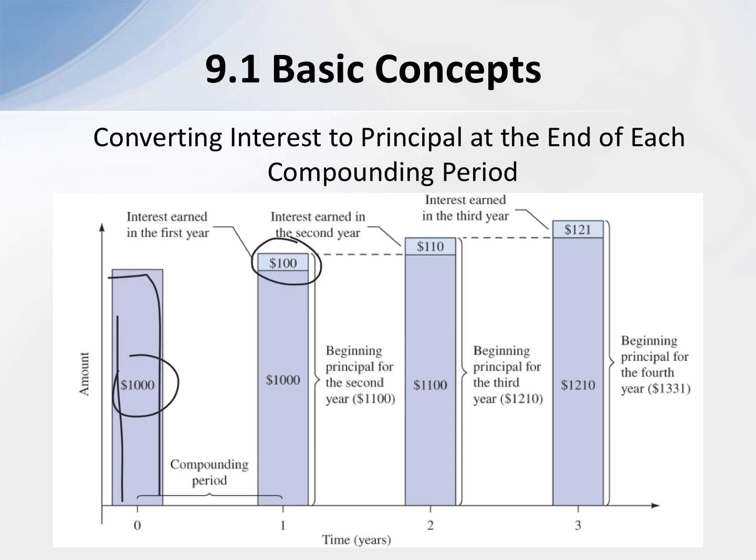So for the second year, the interest is calculated on $1,000 plus that $100 of interest earned in the first year. And so for the second year, the calculated interest will be $110.